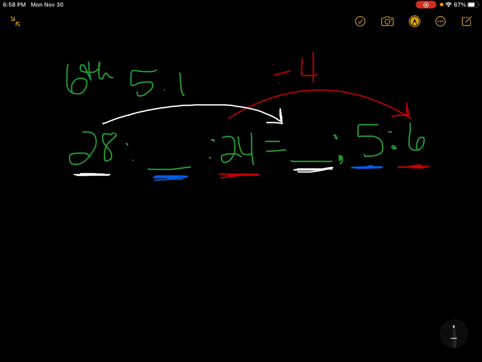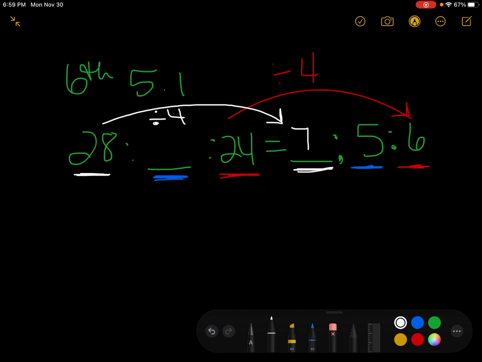I already know, based off of the first rule that we saw, that the first ratio is larger than the second ratio. Because of that, anytime that I'm going from the first ratio to the second ratio, I'm going to be decreasing, or I'm dividing. I'm going to divide by 4. I'm choosing 4 again because that's the number that we found we were decreasing by in the first part that we solved. 28 divided by 4 equals 7.